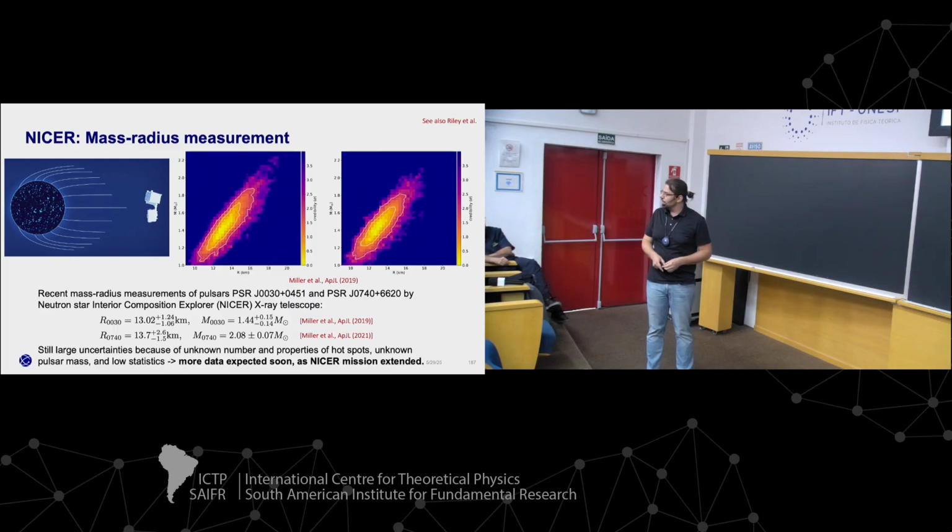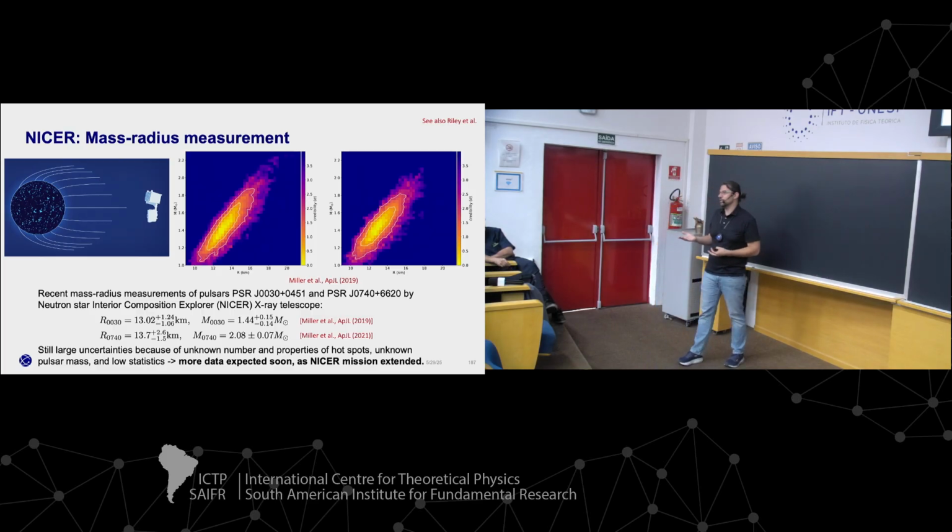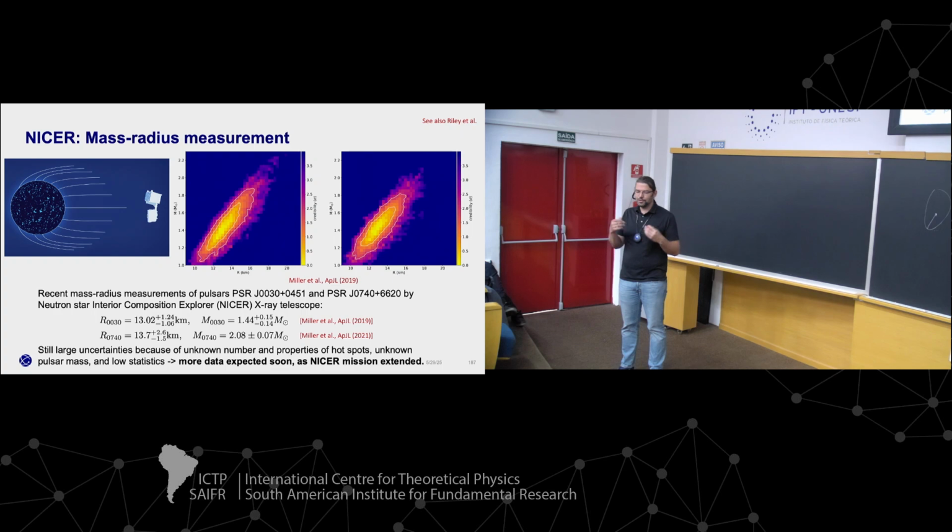Okay, how they are made? Okay, so neutron stars have magnetic fields, right? And so you could think of, obviously, they emit electrons or stuff, right? So they move along the magnetic field lines, and where the magnetic field goes into the neutron star, a lot of particles hit the neutron star, heat it up, and you get a hotspot. And this is where the emission comes from.